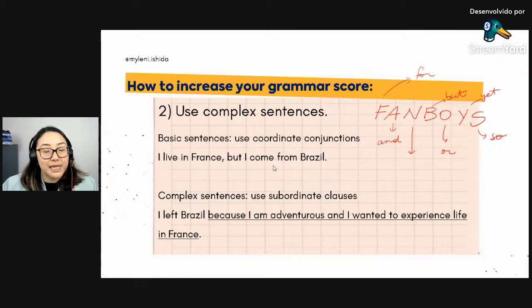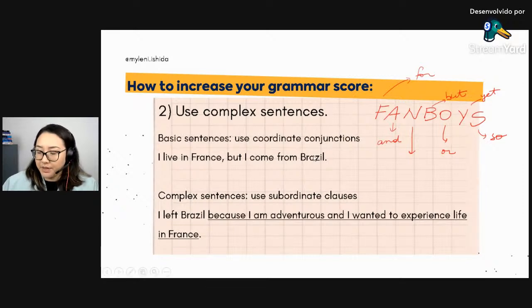When you use a sentence with but, you are using a basic sentence, because you are using these conjunctions. And when I say they are independent, pay attention, this is very important. When I say, I live in France, you understand, okay?